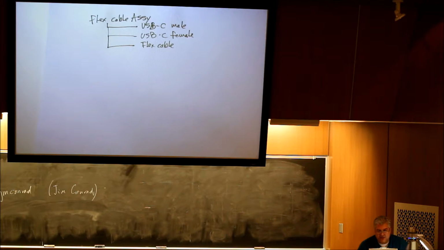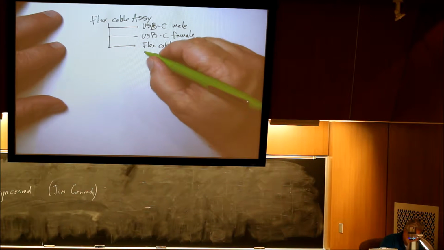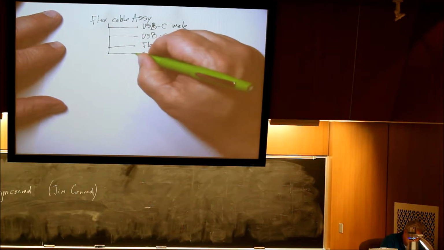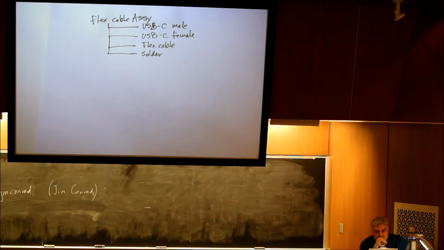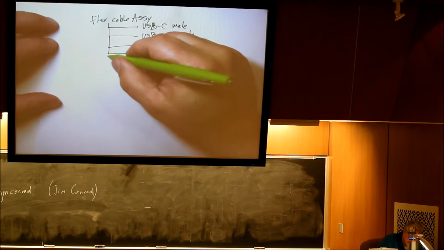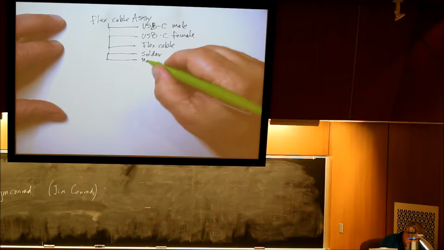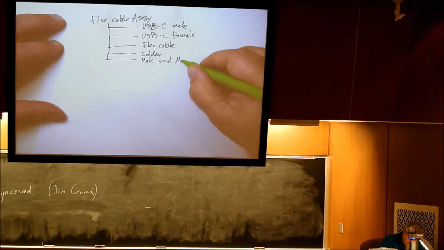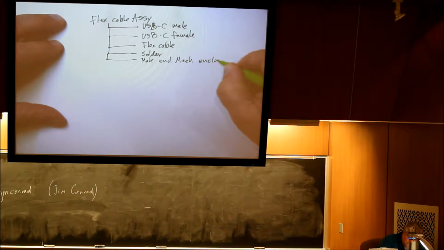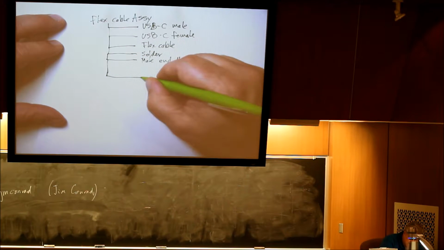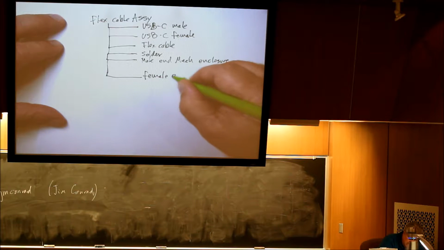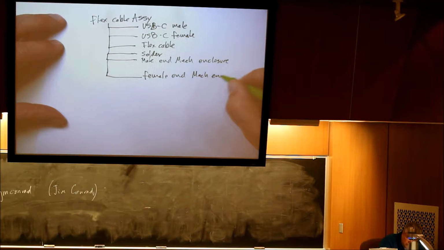And then to manufacture this, you're going to need solder. And let's see, do you think you might need to put some plastic cases around each end? You think? All right. So we'll say male end mechanical enclosure and the female end mechanical enclosure.